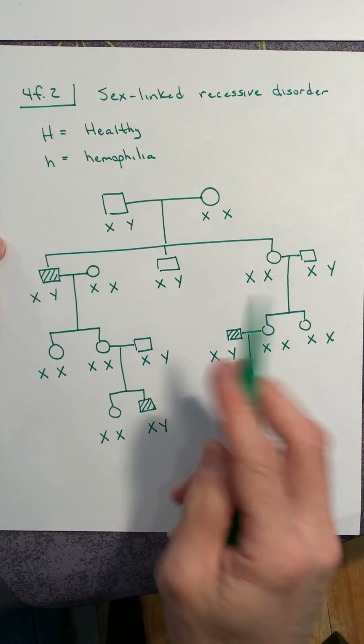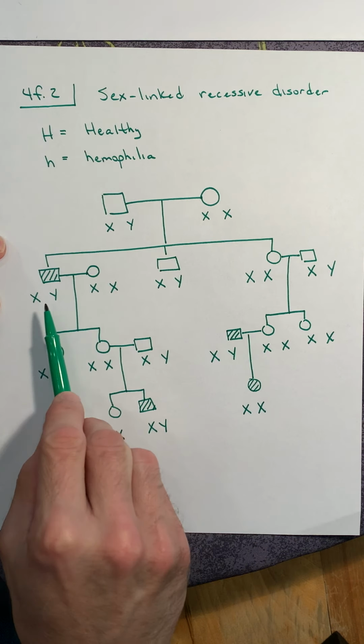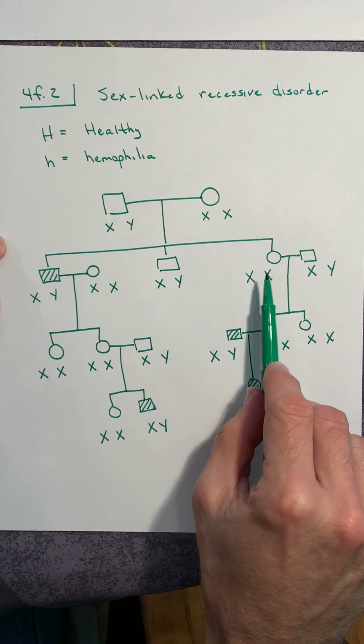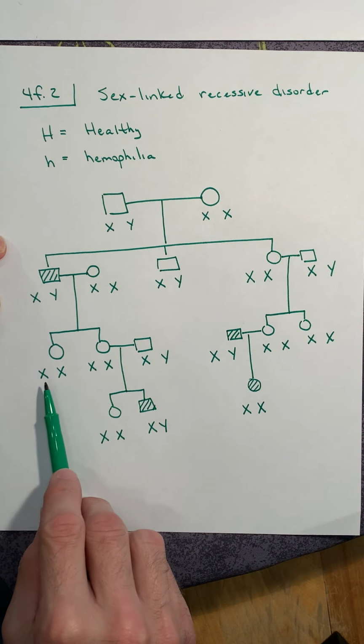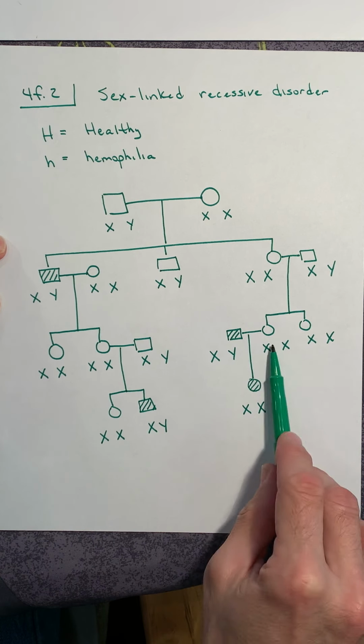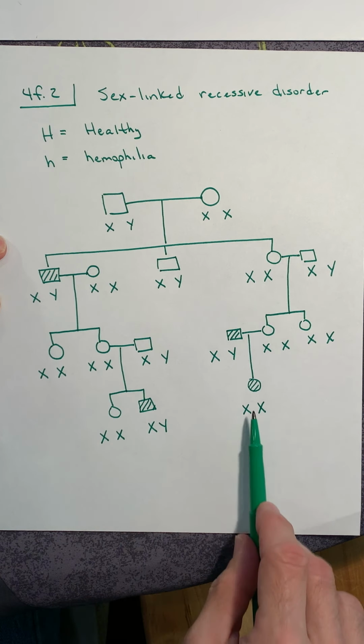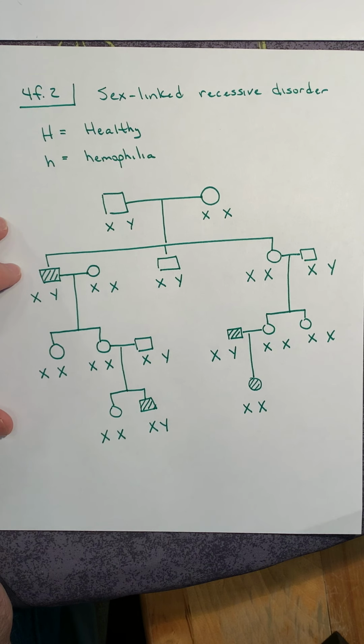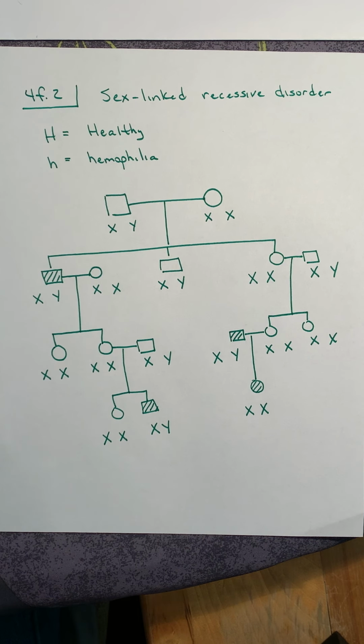Okay, so let's double check that. Male, female, male, female, male, female, male, female, female, male, male, female, female, female, male, female. Beautiful. All right, so let's just take it person by person, generation to generation.